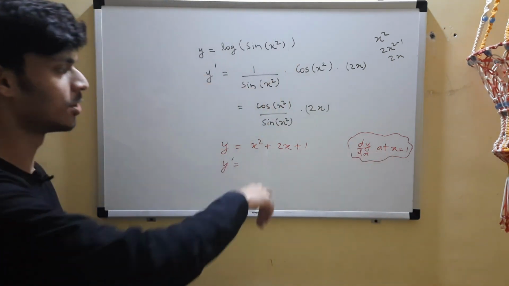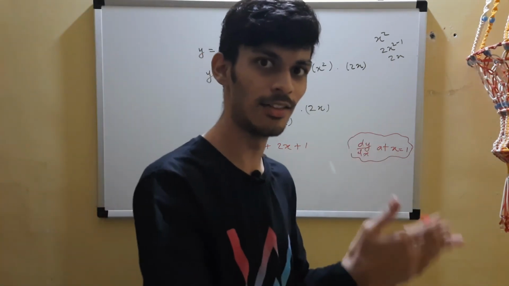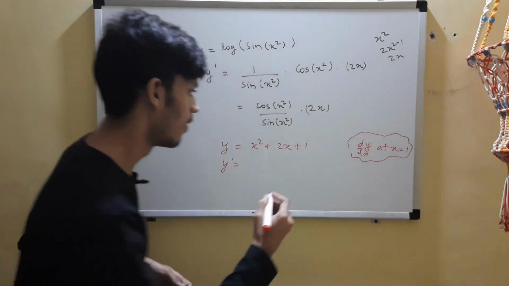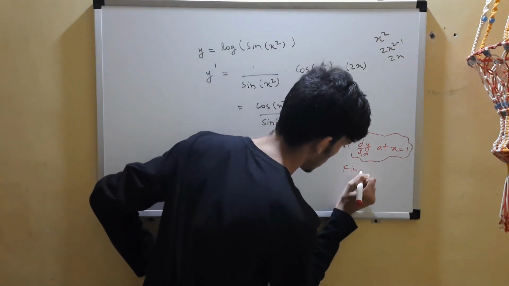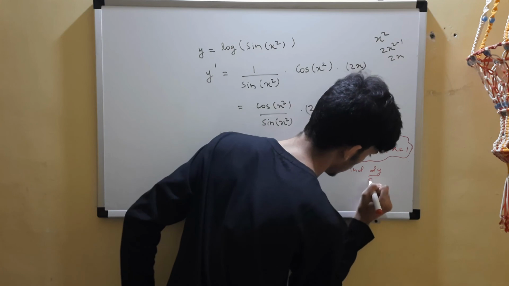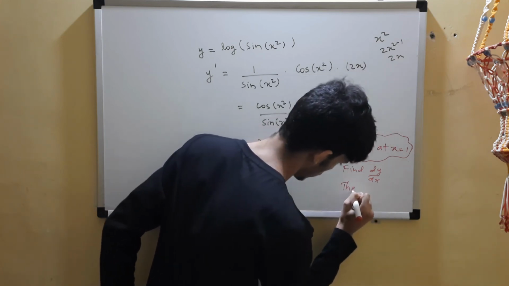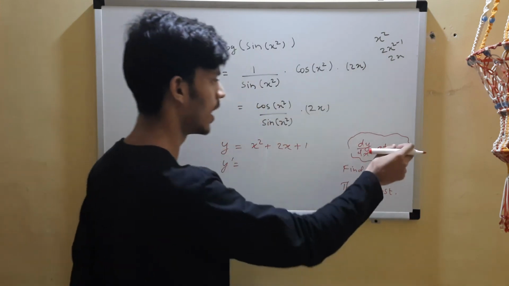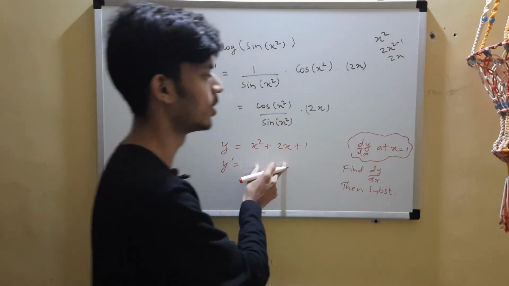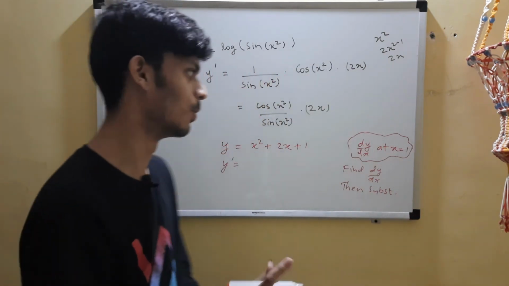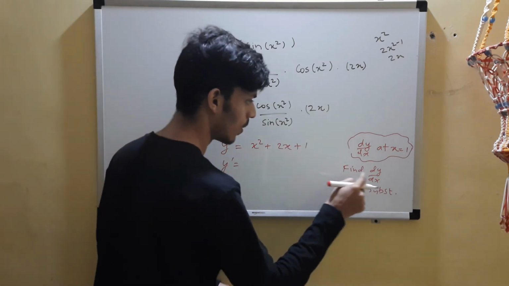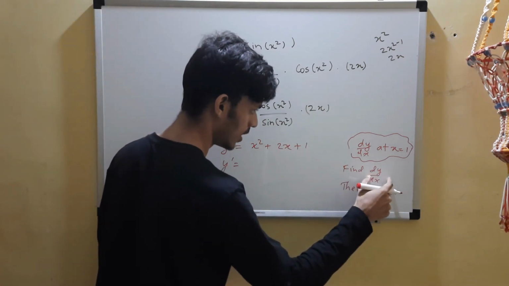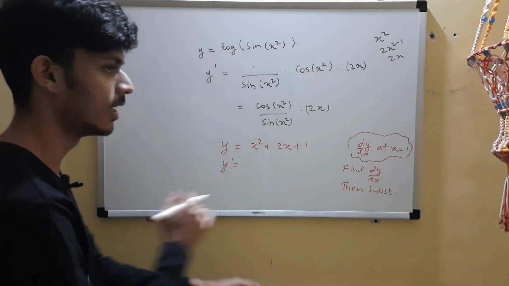Don't directly substitute. Find dy by dx, then substitute. Remember this, okay? Because if you directly substitute over here, you will get a constant, and the derivative will be 0. No, you are first required to differentiate it, then substitute the value.